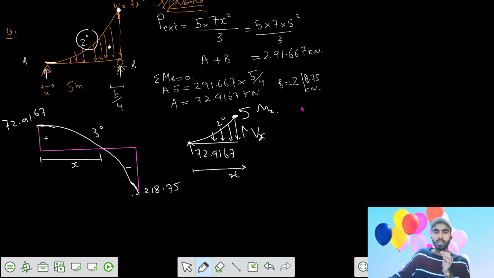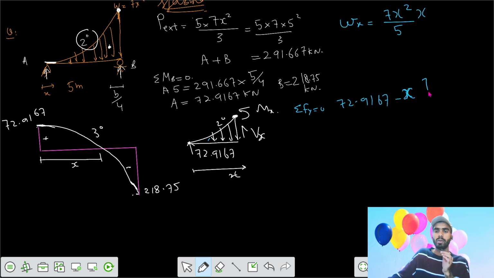We can write summation of forces in y equals 0. Then we write 72.9167 upwards, and the area of the loading diagram downwards, that's the area of that curve equals BH by 3. So your B is x, and h is your intensity at that point. The intensity at any x, we know the maximum is 7x square for a length of 5 meter, but we need it for x meter.